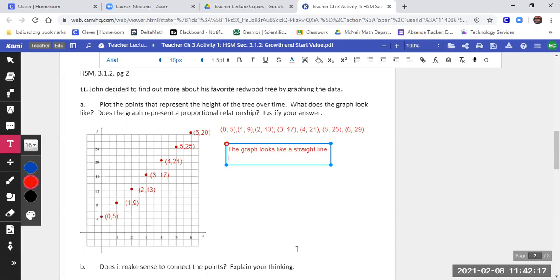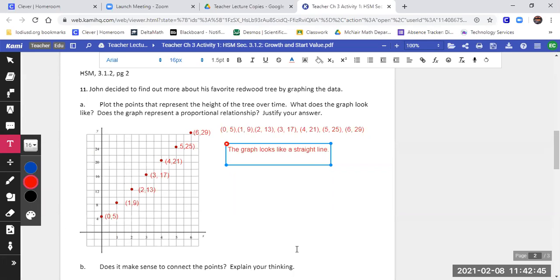Why or why not? Oh, it's not proportional because it doesn't go through the origin. It doesn't go through 0, 0.